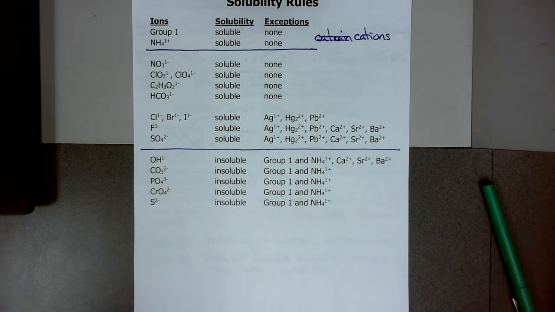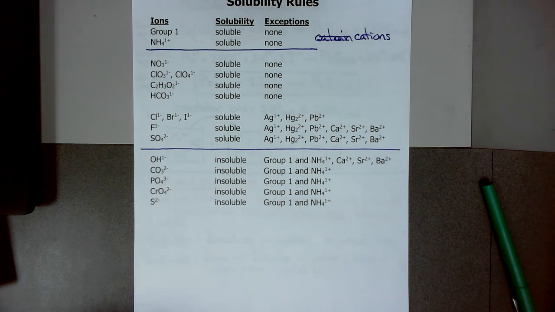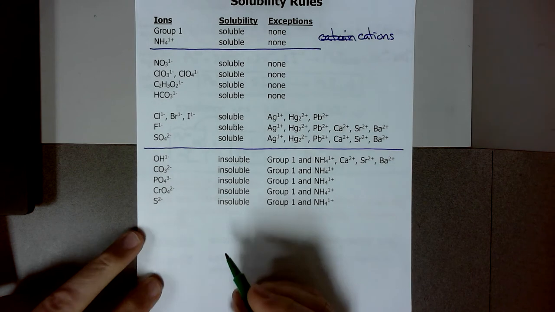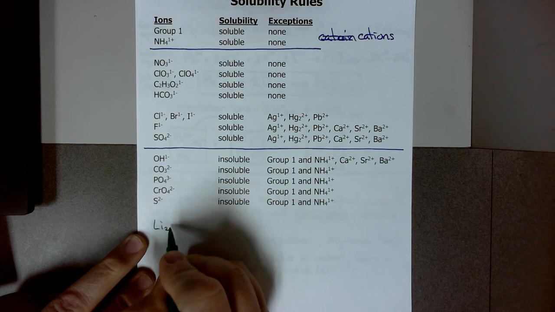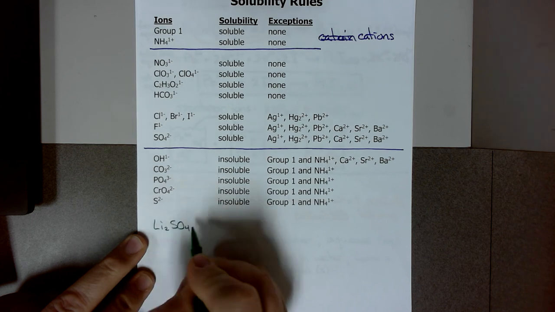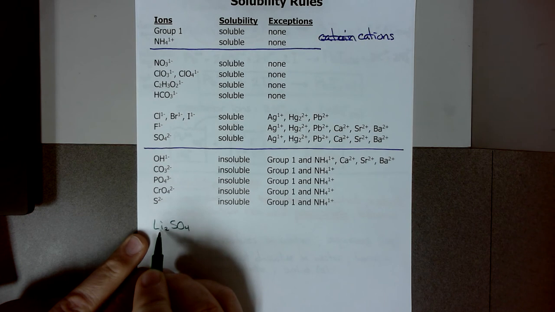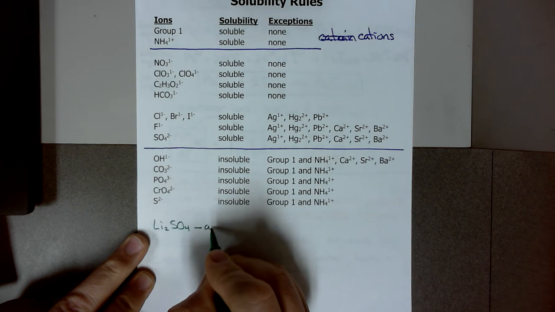So if I want to look at some compounds and decide whether it's soluble or insoluble, let's do a few practice ones. Let's say I've got lithium sulfate. I realize that lithium's group 1, so this is always soluble, so this would be aqueous.